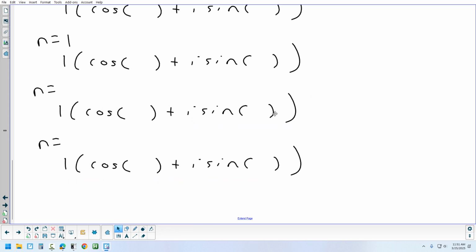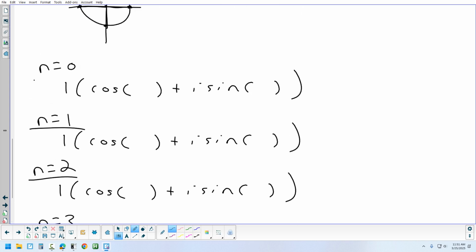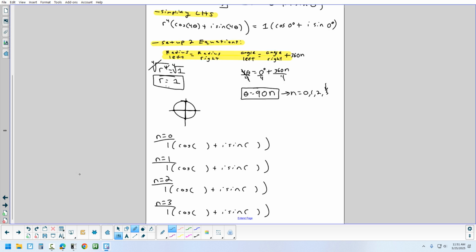Okay, so I got n equals 0, n equals 1, n equals 2, n equals 3. Okay, so now what we do is fill in each one of these numbers into that formula and write down the answer you get. Let's start with 0.